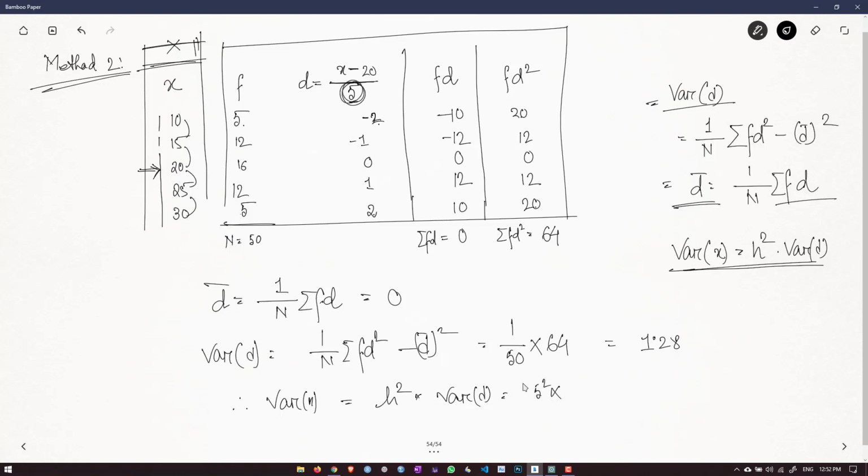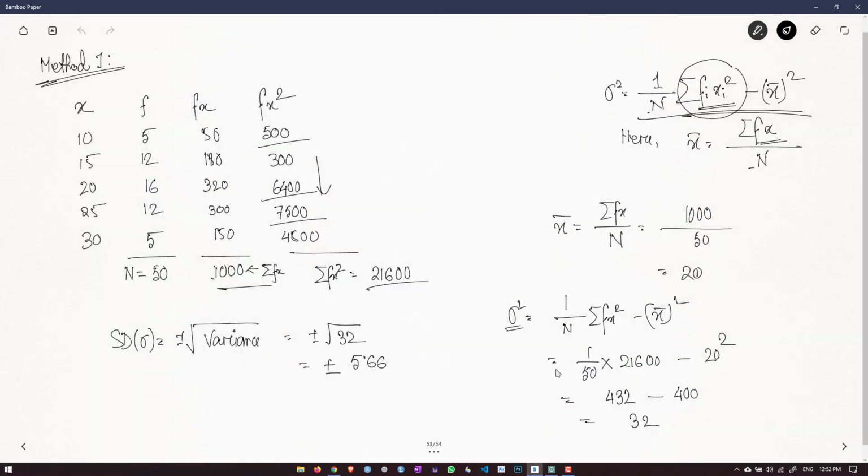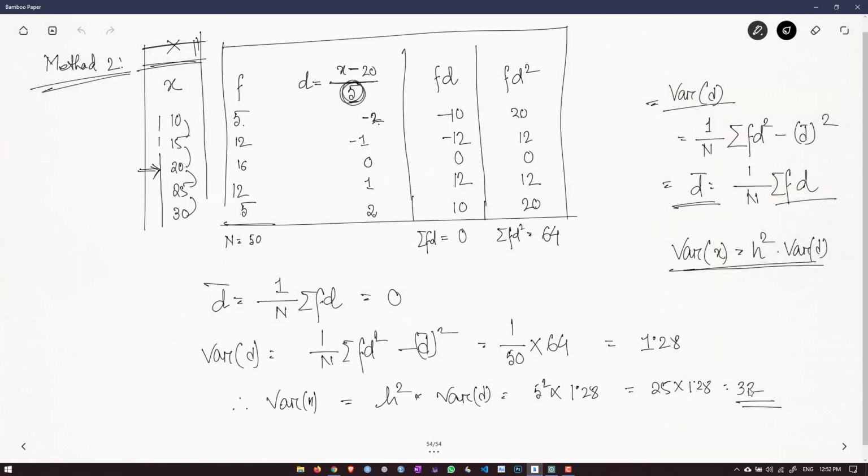So 5 square into variance of d, which is 1.28, is equal to 25 into 1.28, which is 32. So we got variance of x as 32 using method 2. Using method 1 also we got variance of x as 32. That means both methods give the same value, 32.